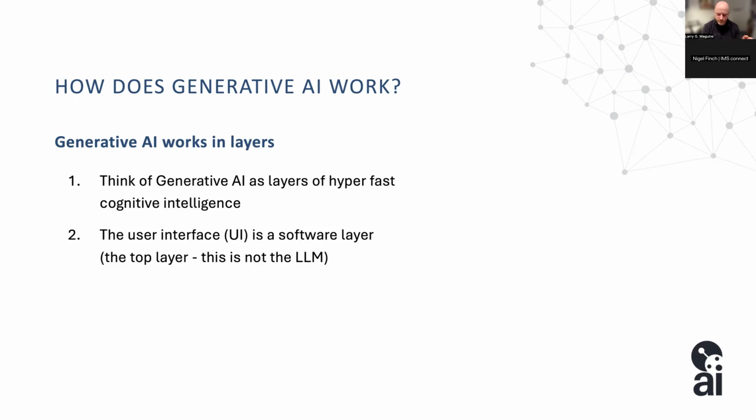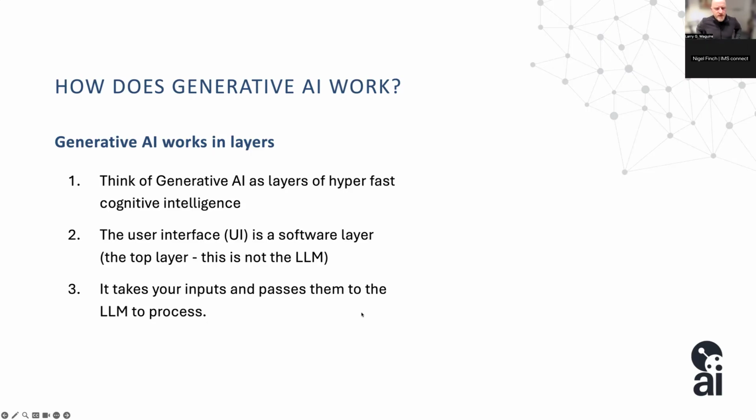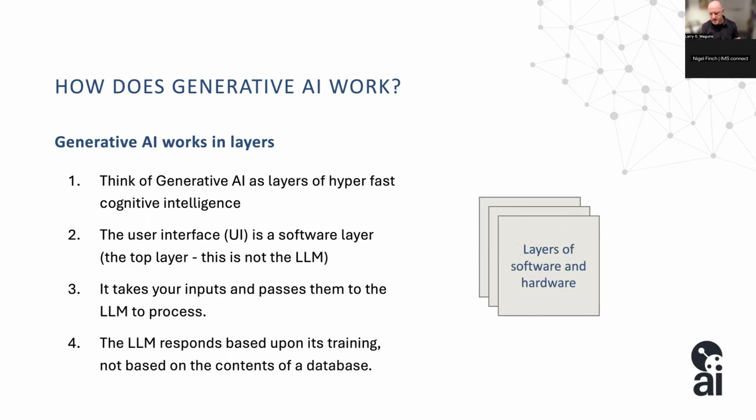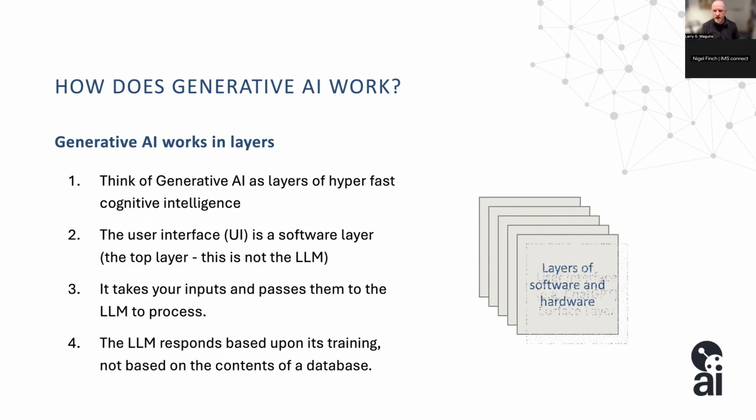So it's important to know that. It takes your inputs, your text inputs, or your images, or your documents, and then processes them, saves them somewhere on a server, and passes your query on to the LLM. The LLM then responds based on its training, not based on what it knows per se. So there are layers, as illustrated here, layers of software and hardware, the surface layer being the ChatGPT interface in your browser or the app on your phone.